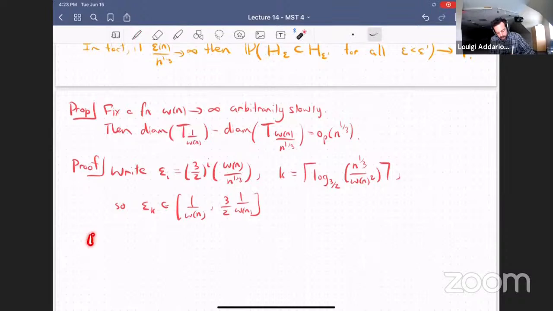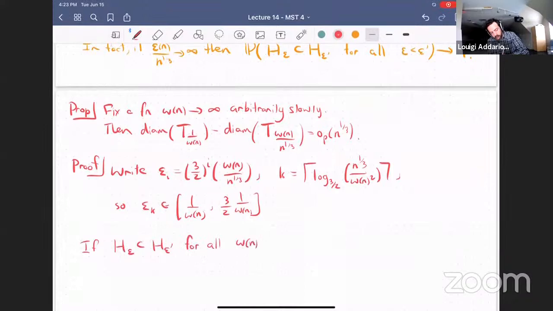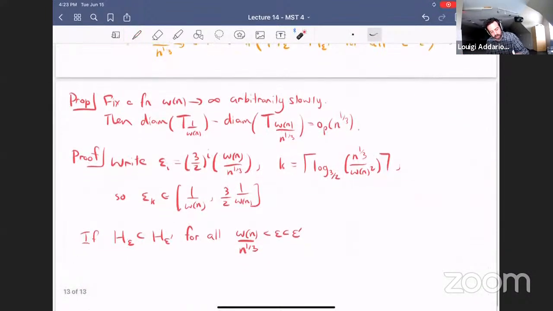Okay, so then if h epsilon is contained in h epsilon prime for all epsilon prime bigger than omega over n to the third here, right? So now I am using this stronger fact that this happens for all of these values.